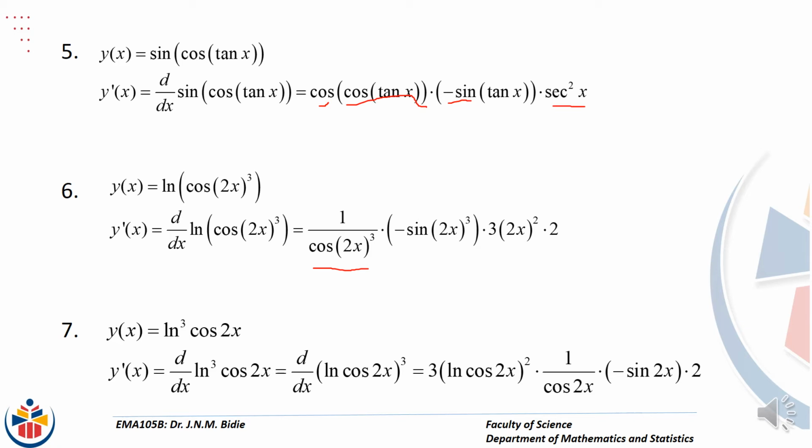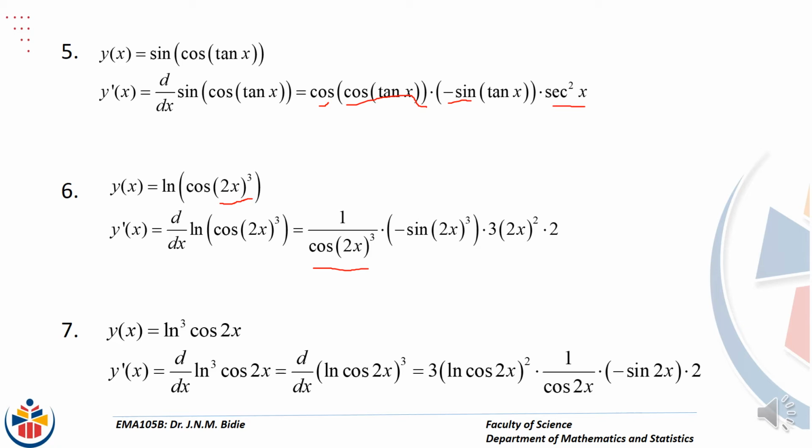The first thing that we encounter is cos, which gives us negative sine, and the argument of cos was 2x to the power 3. So that's what we have. Multiplied by the derivative of the argument of cos, we start with the power, which will have 3 into 2x to the power 2, multiplied by the derivative of 2x, which is 2.